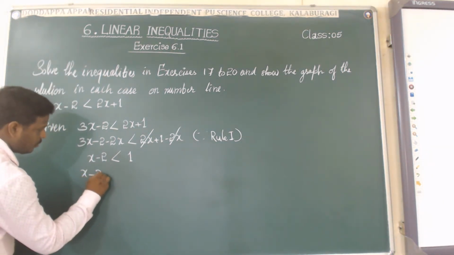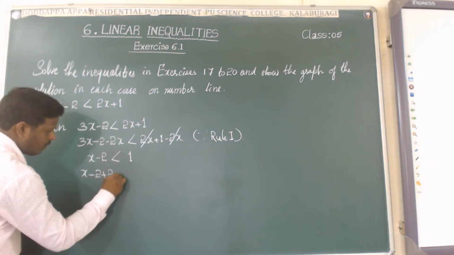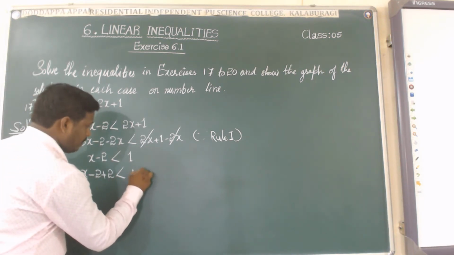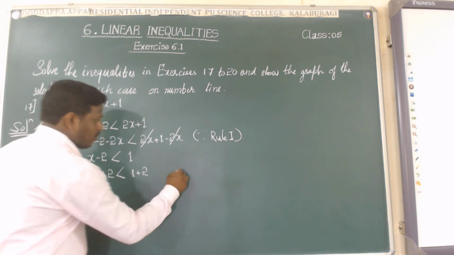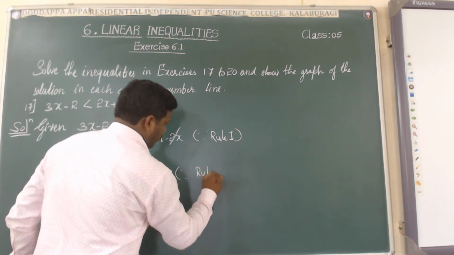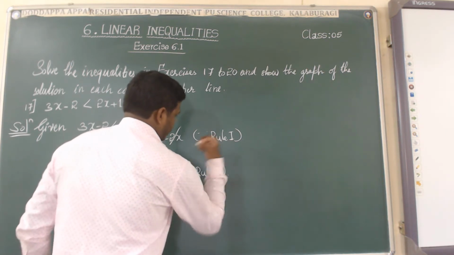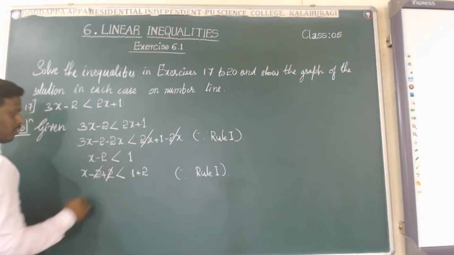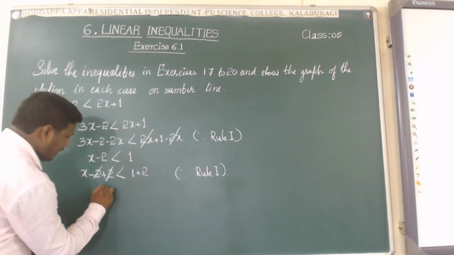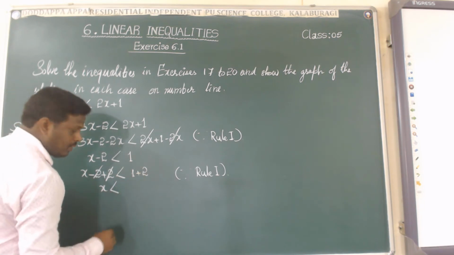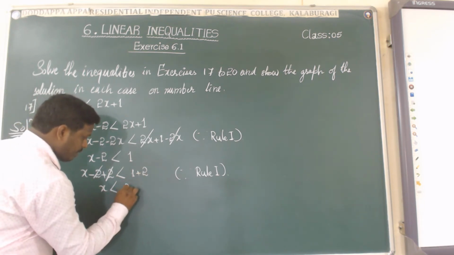X minus 2 plus 2, the same sign will come, and 1 plus 2, because again I am using rule one. Now simplify: minus 2 plus 2 becomes 0, and on the right, x is less than 1 plus 2, which is 3.